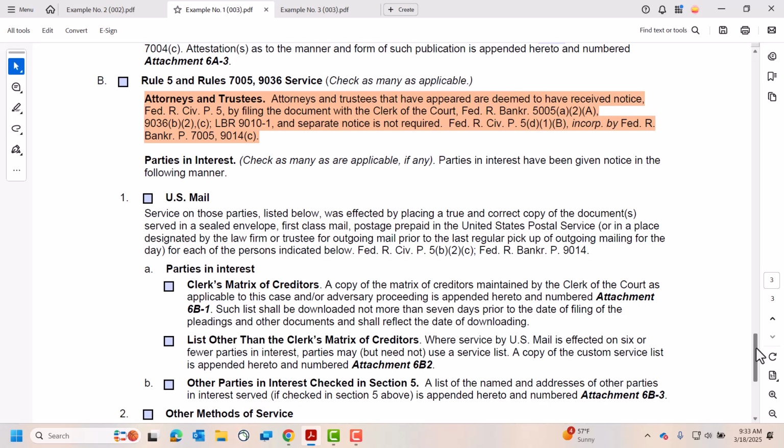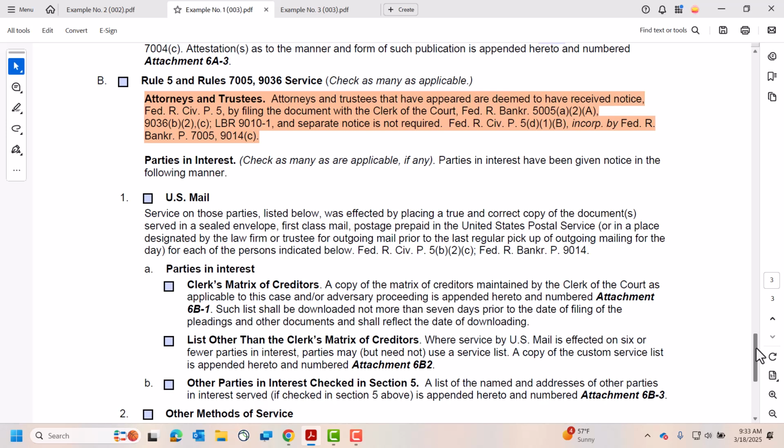When attachment 6B1 is used, unless there are 6 or fewer creditors receiving notice, or the person to be noticed is not on the official matrix, for example, a stalking horse bidder who has requested notice, attachment 6B1 must be the clerk of the court's official matrix of creditors.